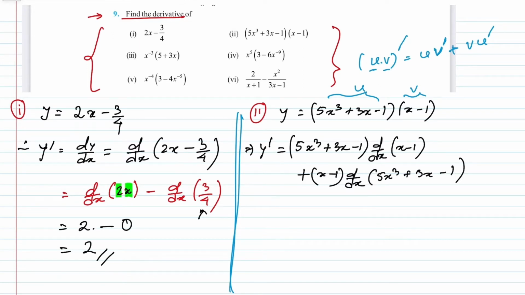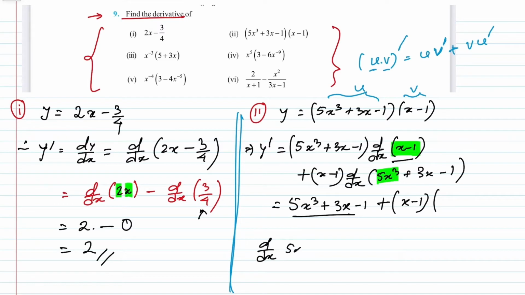Okay, so let me write it properly, 3x. Now here we are going to apply standard derivatives. For 5x cube plus 3x minus 1 times the derivative of x minus 1: derivative of x is 1 and derivative of 1 is 0, so we will get this only. Then plus x minus 1 into the derivative of 5x cube. What will be its derivative? It will be 5 times the derivative of x cube.